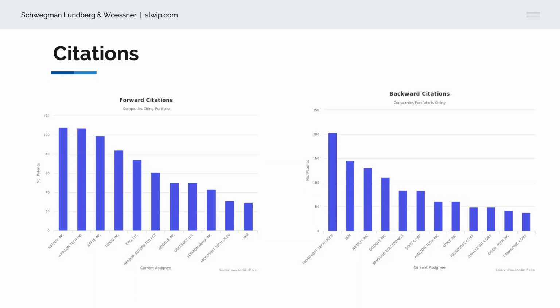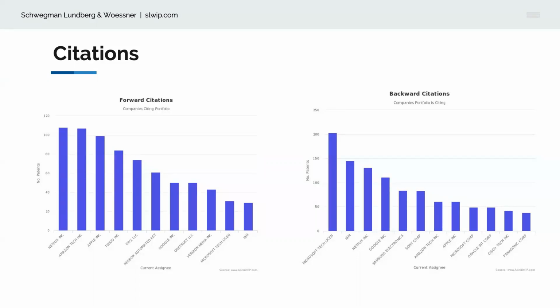Yeah, I think we've found this particularly helpful if we're doing due diligence on a potential acquisition of a portfolio for a client, trying to assess the value of the portfolio that the client may be acquiring.